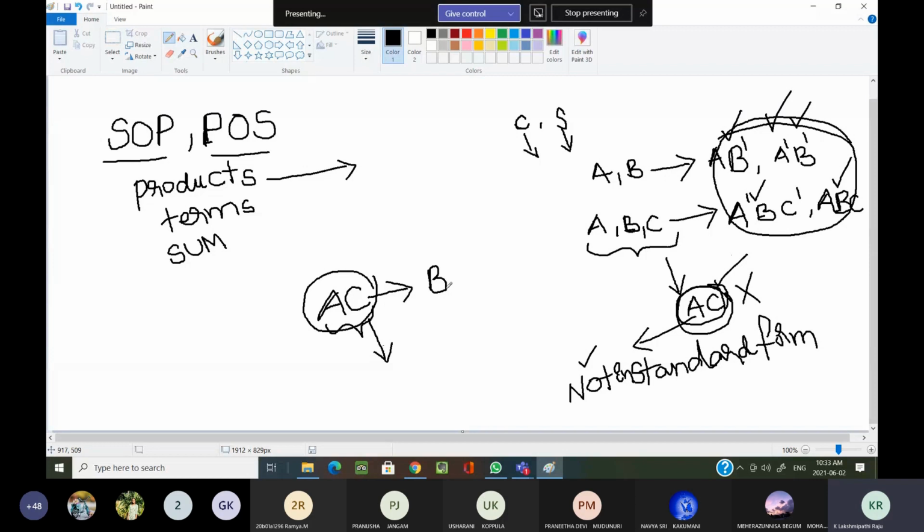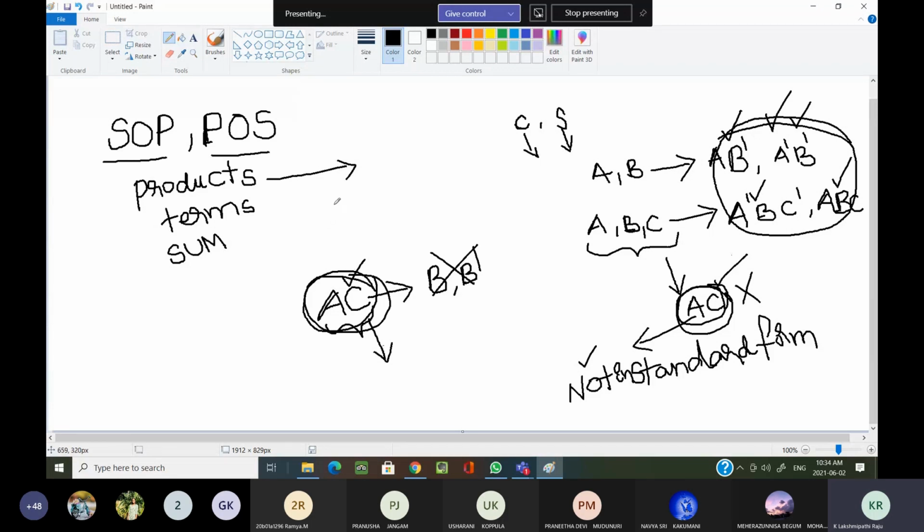Now, that B may be presented in a normal form or complement form. That we don't bother. Whether B is presented here in its normal form or complement form, we are not bothering. But B is not there. Why? Because if you see this product term, you can understand easily.